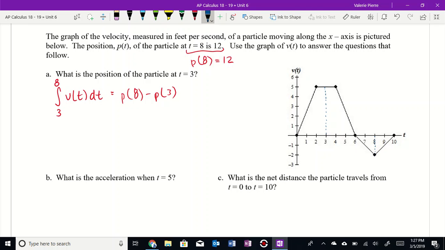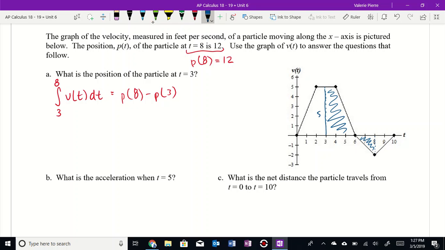Since we don't have a function for this graph, we're going to need to find the area between the curve and the x-axis to identify the integral. So from 3 to 6, we have a trapezoid, where the height of my trapezoid is 5.